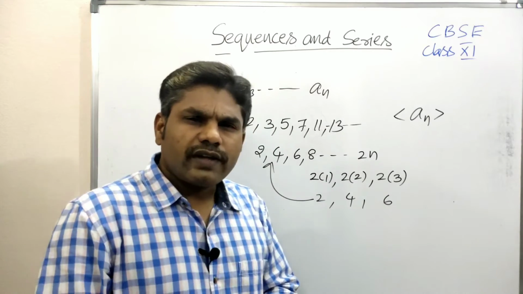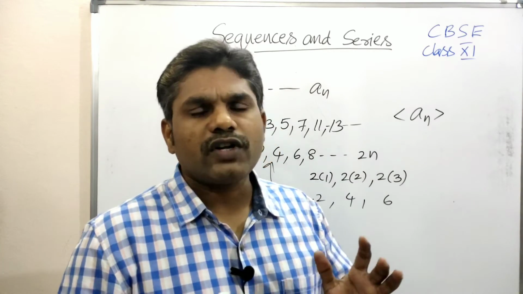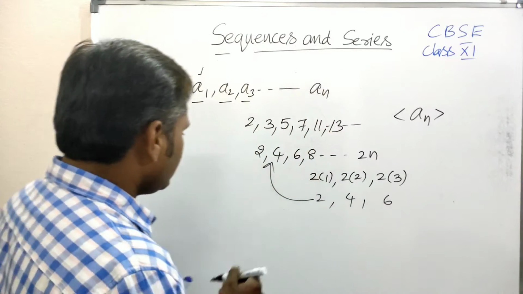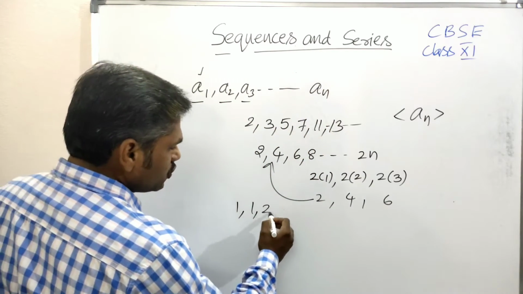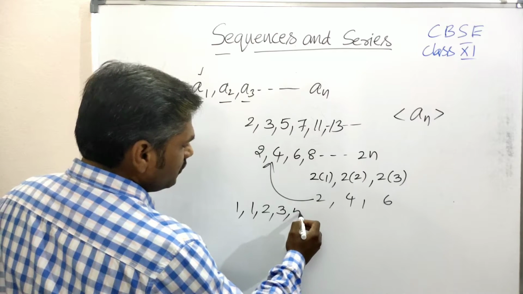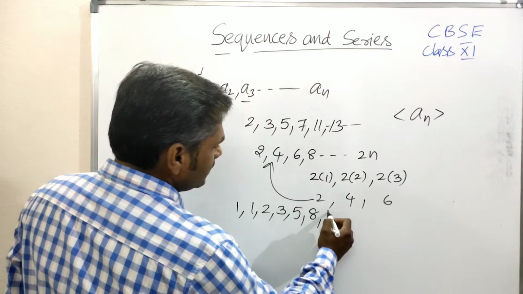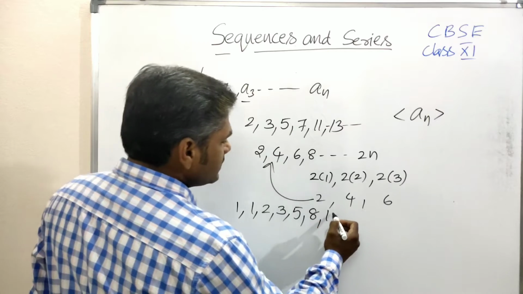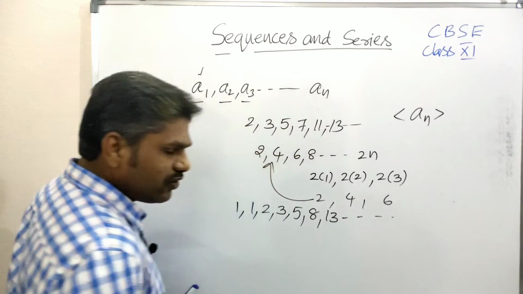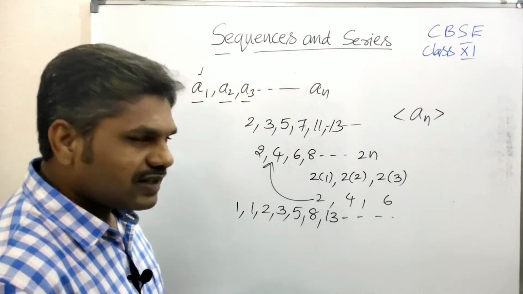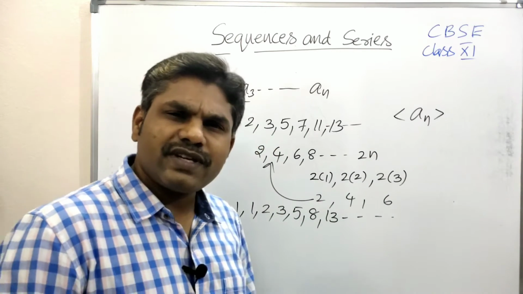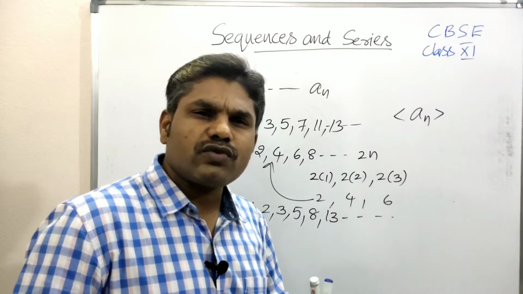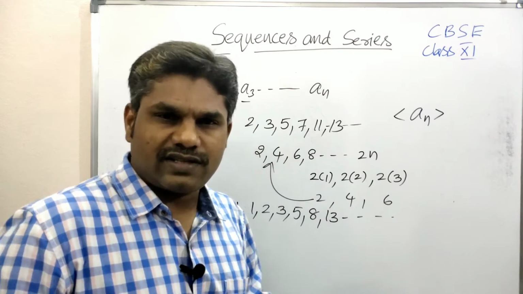Now I am going to take another type of particular sequence. See, I am taking 1, 1, 2, 3, 5, 8, and this is 13 and so on. Do you find any formula for this? No, you could not find any formula, but this arrangement is in relation to recurrence.